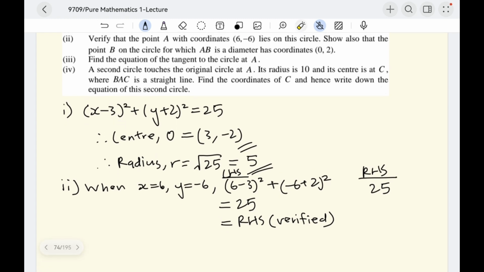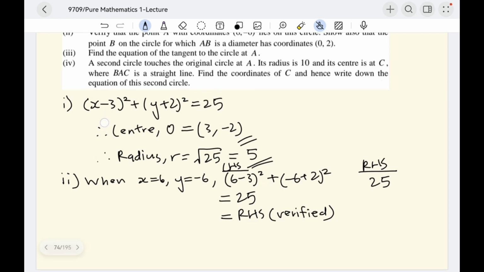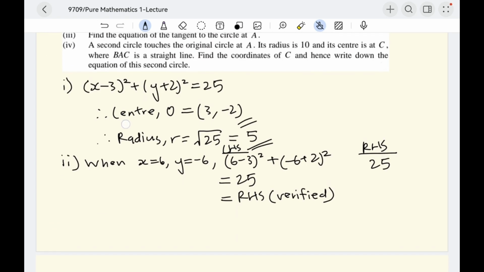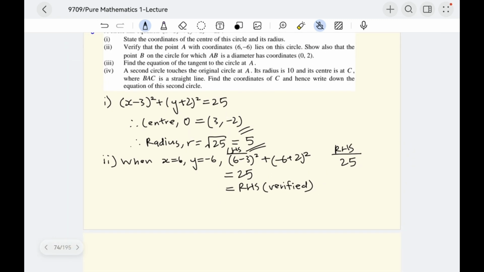For the next part, how do we show that the point B also lies on the circumference of the circle, for which AB is a diameter? There are many ways to carry out the workings. First thing first, you can say when x equals 0, y equals 2.